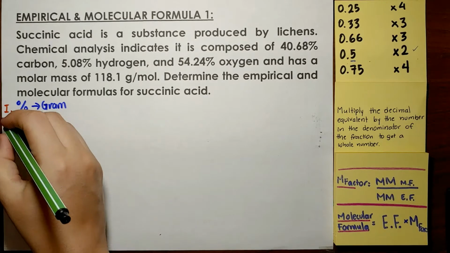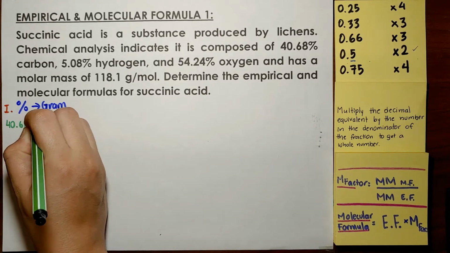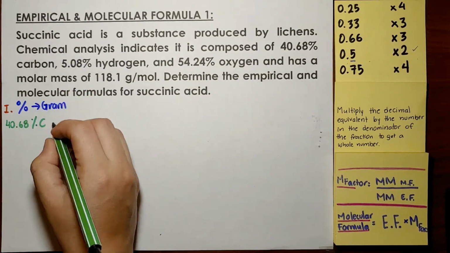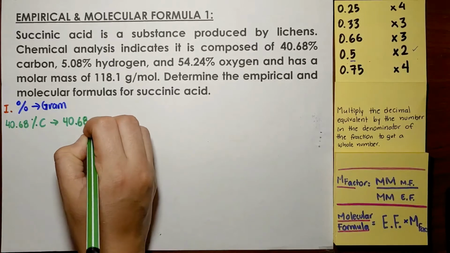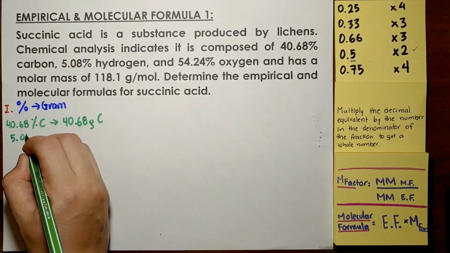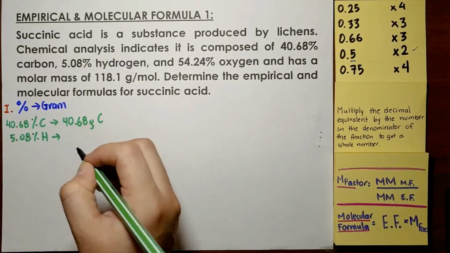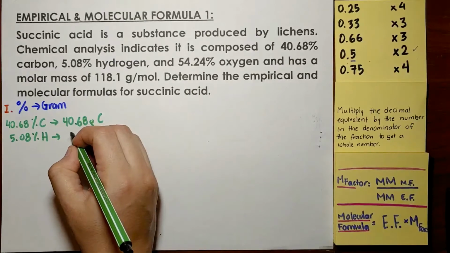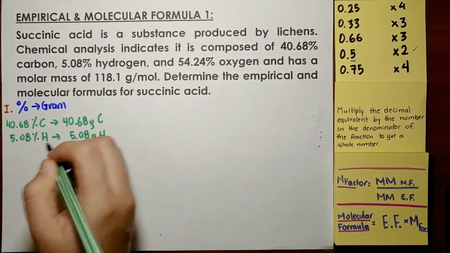So we have 40.68% carbon. Now it's going to become 40.68 grams of carbon, 5.08% hydrogen. It's going to become 5.08 grams of hydrogen.